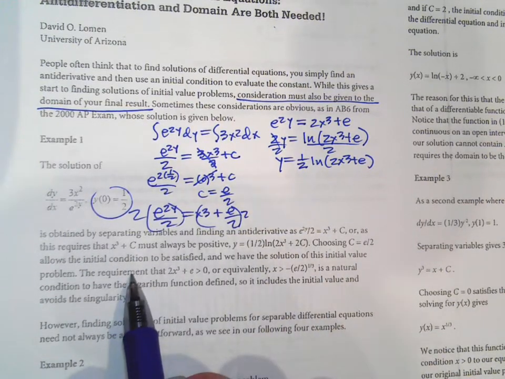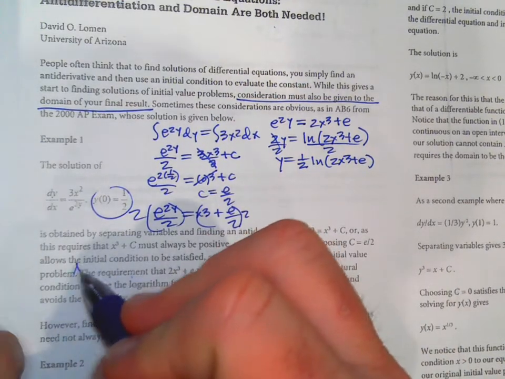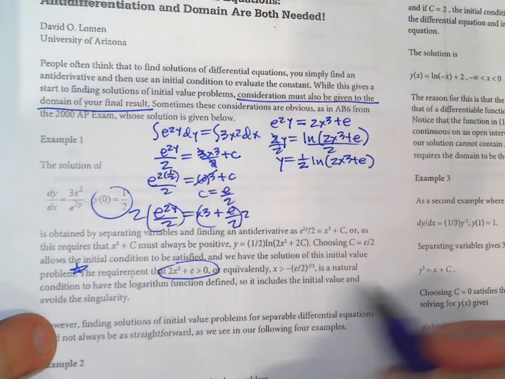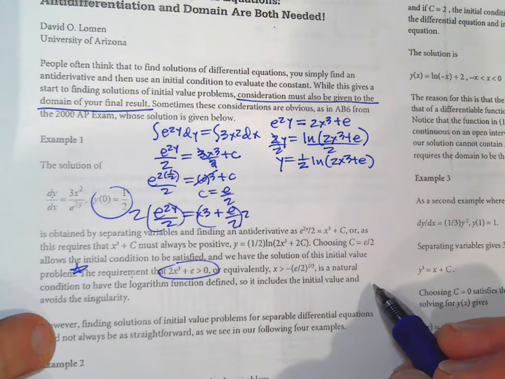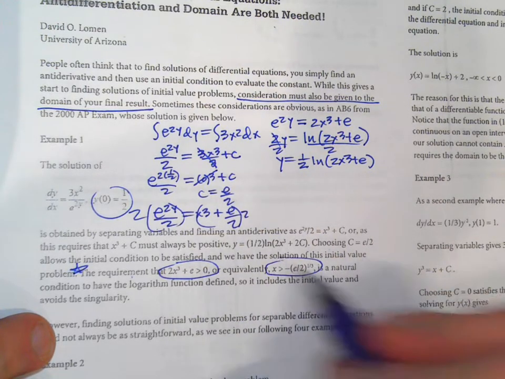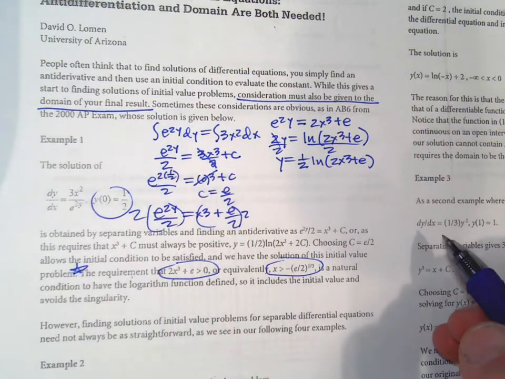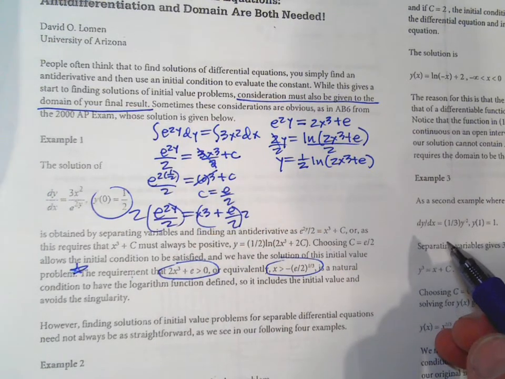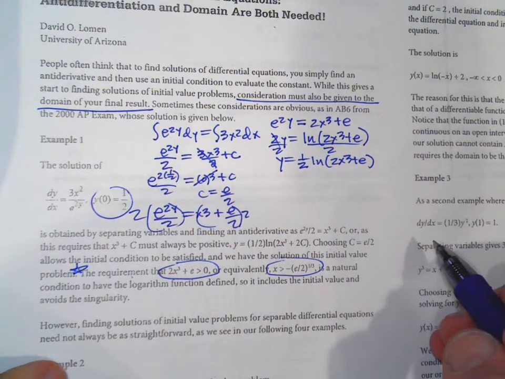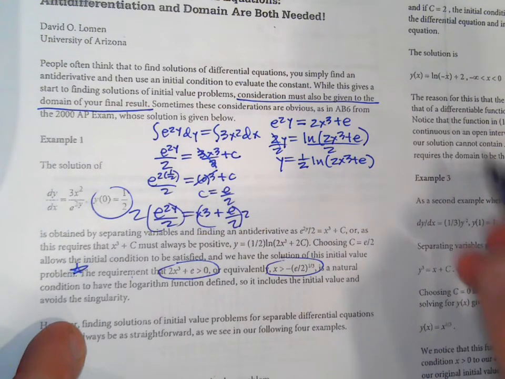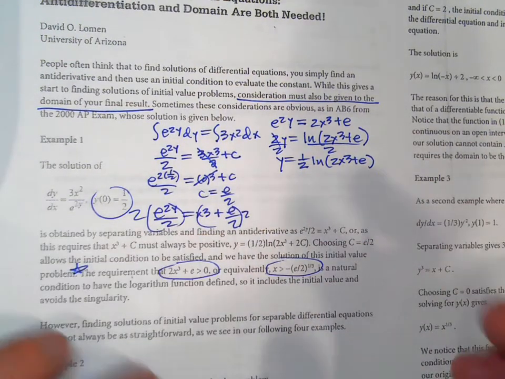The requirement, they say, is that 2x cubed plus e is greater than 0, or equivalently x is greater than negative e over 2 to the 1/3 power. This is a natural condition to have the logarithm function defined, so it includes the initial value and avoids the singularity. Singularity is where it's not defined.